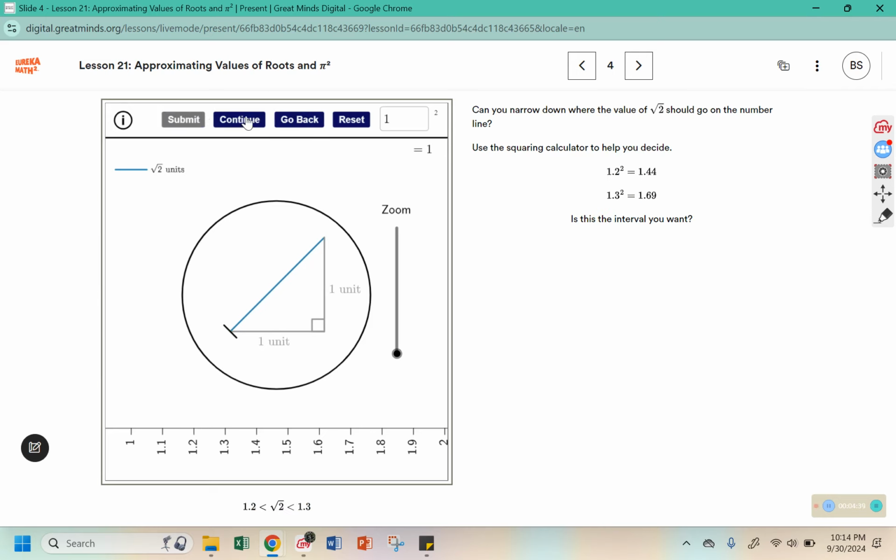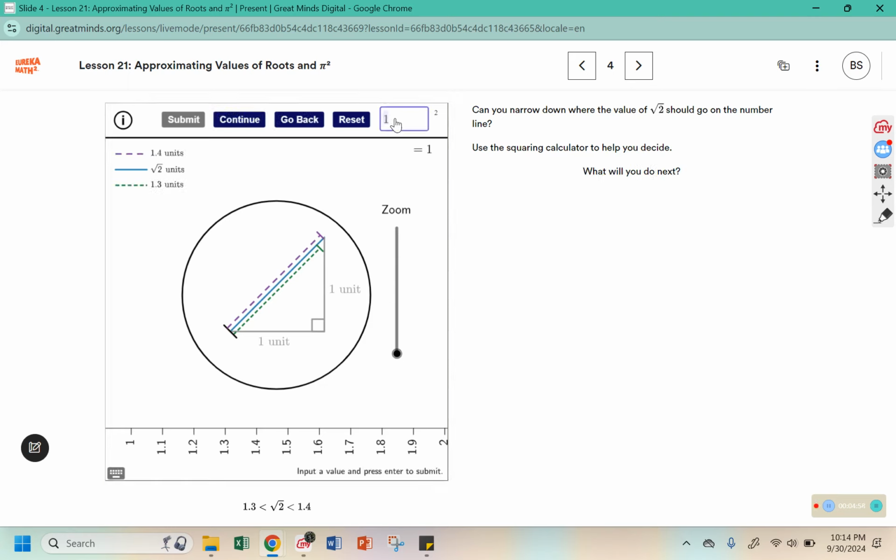Now we're going to try that. They're both still too low, so we're going to go back and adjust again. That looks close, so I'm going to check.